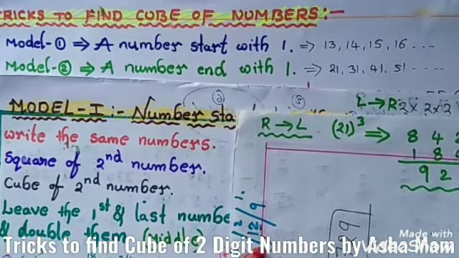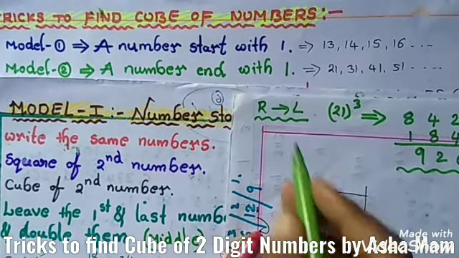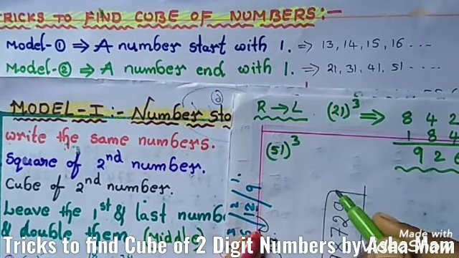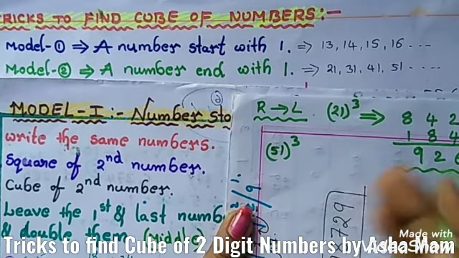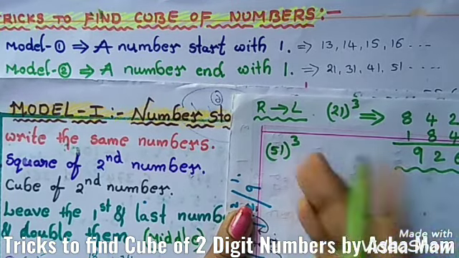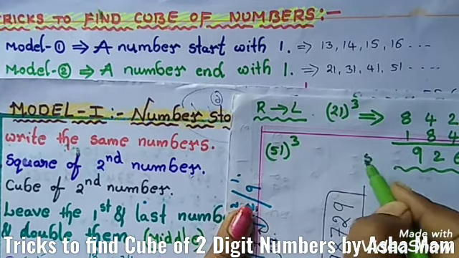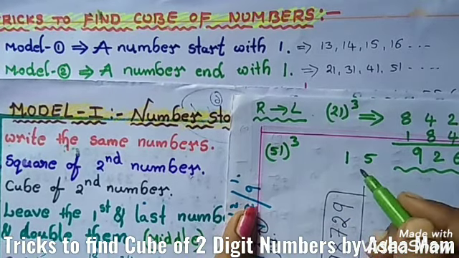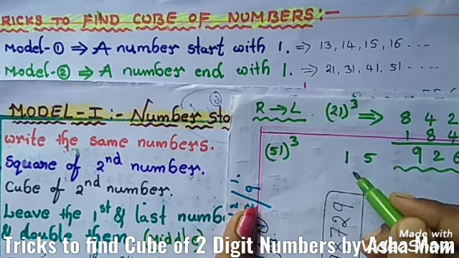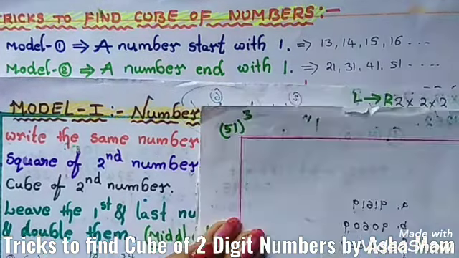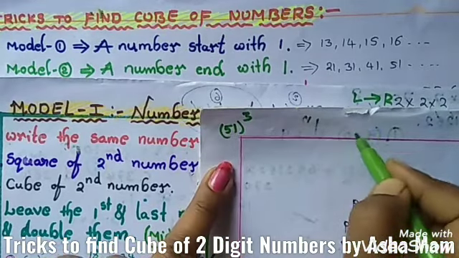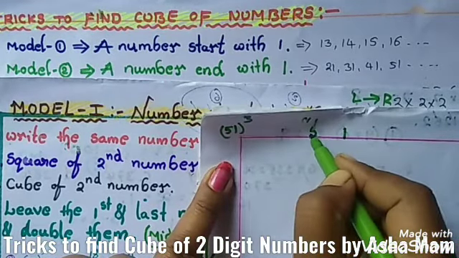Let us see the next example here. 51 whole cube. Directly we have to write the numbers in the reverse way, right to left. So 5 and 1, 51. Now in this 51 whole cube, we have to write the numbers first, 1 and 5.